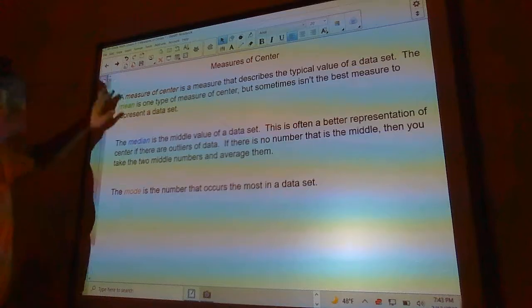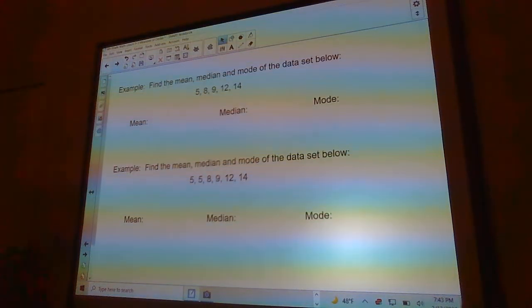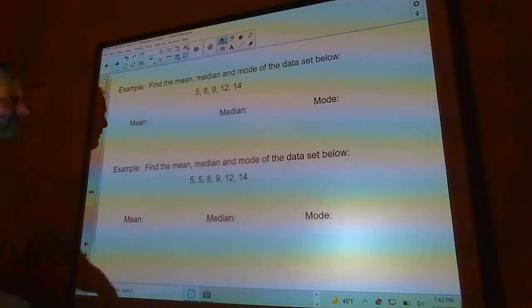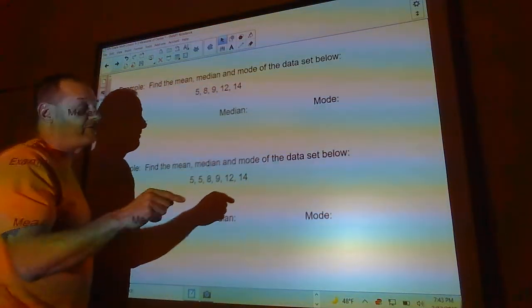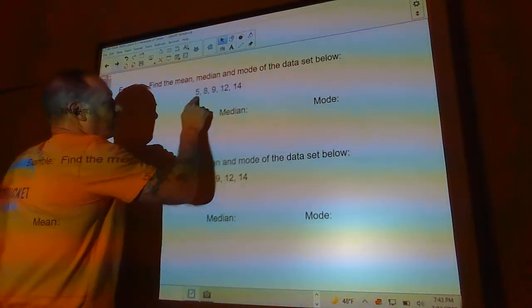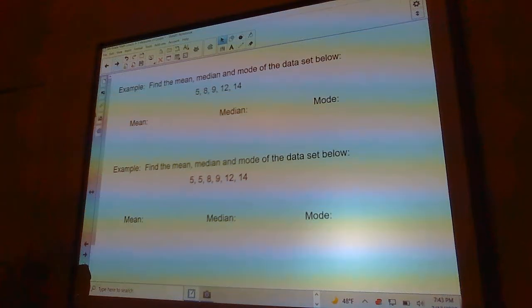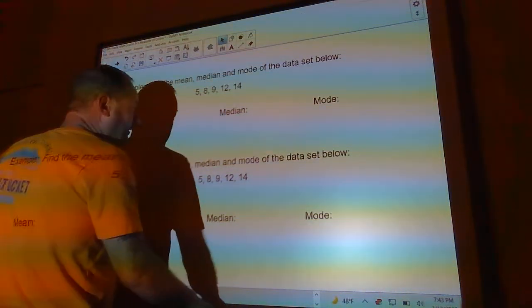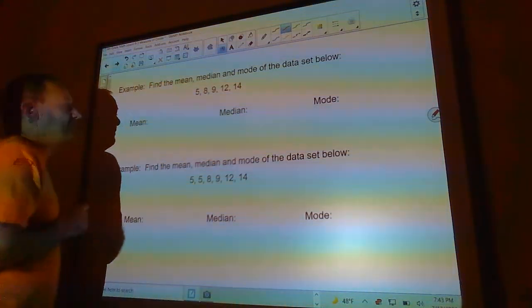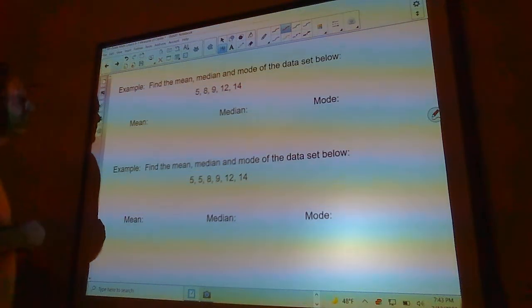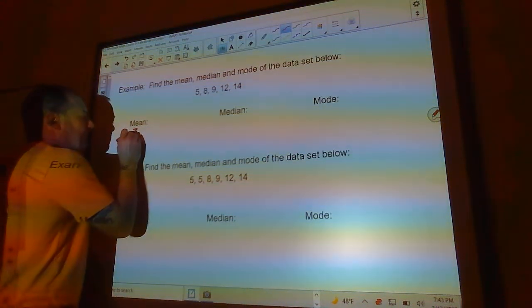Let's look at some of these here. Find the mean, median, and mode of this data set. Here I have five data points. First of all, it's very important to make sure your data is in order from smallest to largest. For the mean, I'm going to add those up and divide by 5.